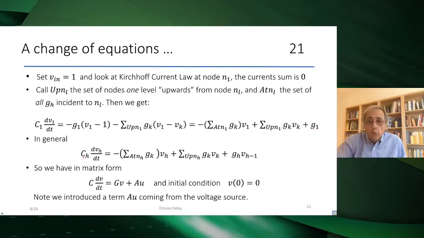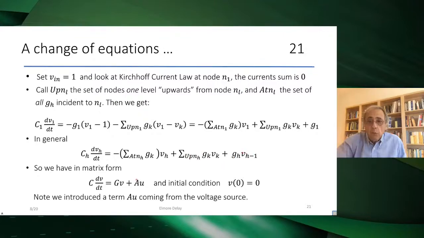In general, this will tell you that that capacitance current will be equal to the sum of the conductances at the node, that's local, as you see, the sum of all the ones up, and the one behind.